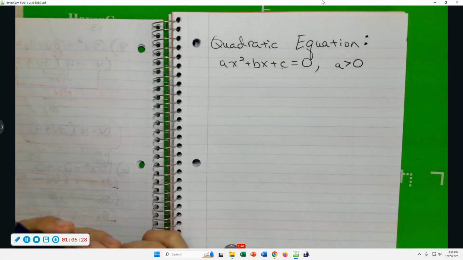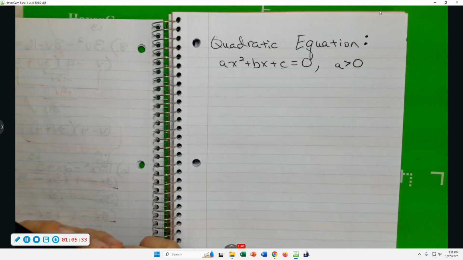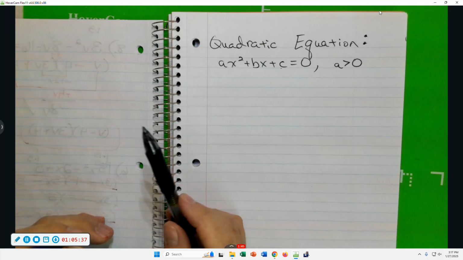We're going to be looking at several methods of solving quadratic equations on Wednesday, but the first method involves factoring.